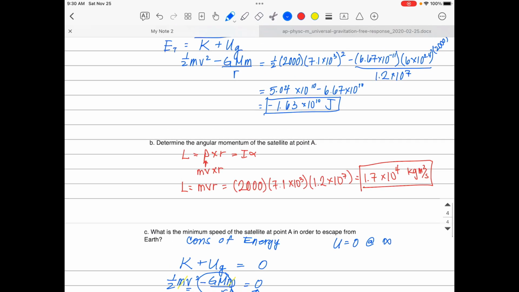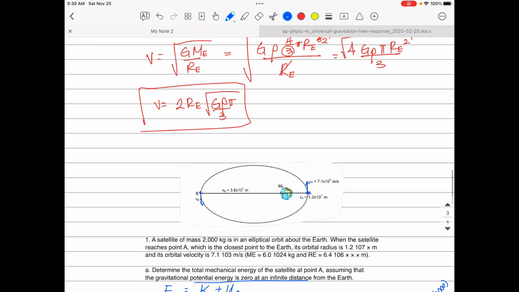Well, what we have here is conservation of momentum, because we learned about this in the last unit when they talked about Kepler's second law, that the momentum at point A and actually anywhere in its orbit is going to be conserved, and so they're always going to be equal.